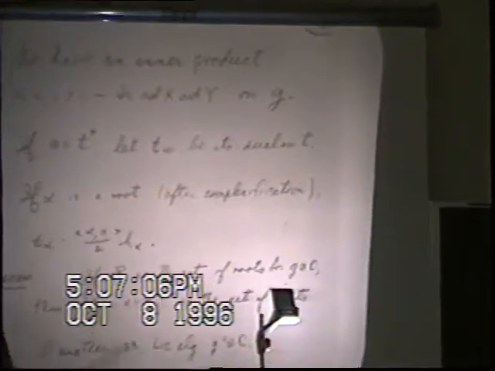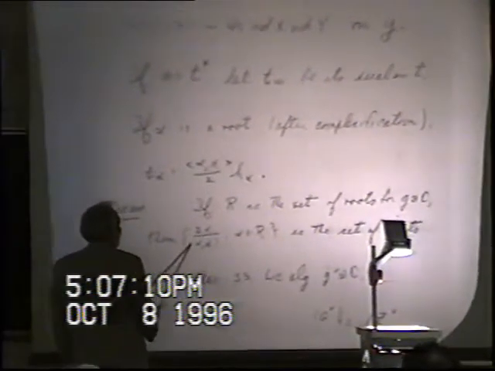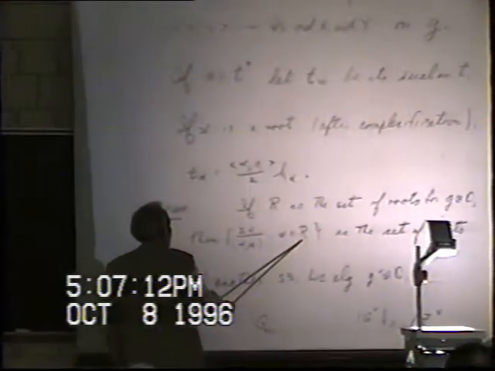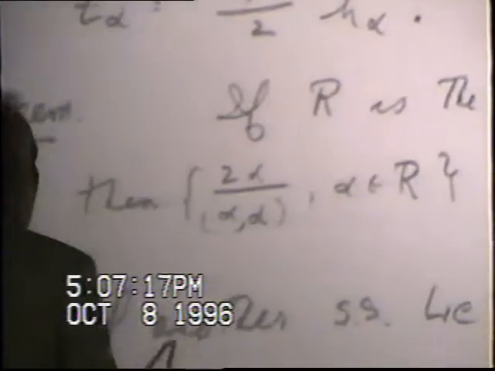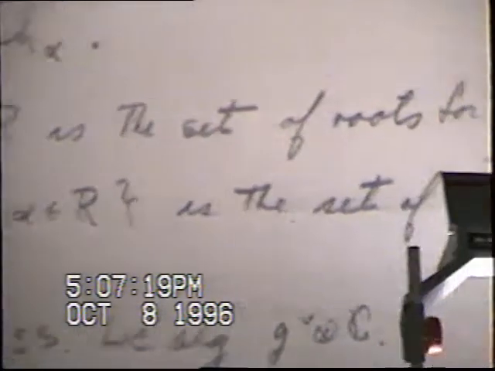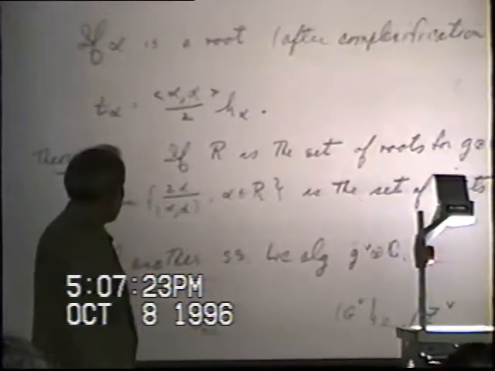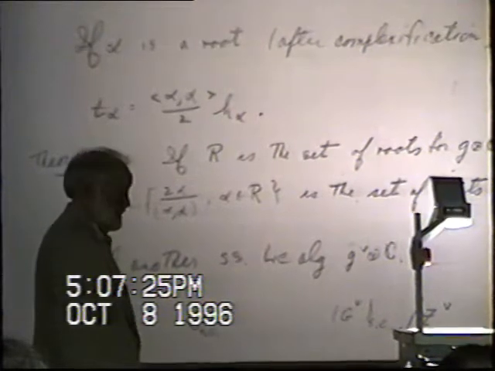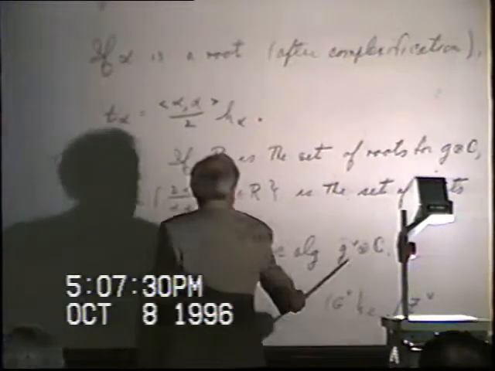And if R is a set of roots for the complexification, then this set, called the co-roots, is a set of roots for another semi-simple Lie algebra, the dual Lie algebra tensor C.